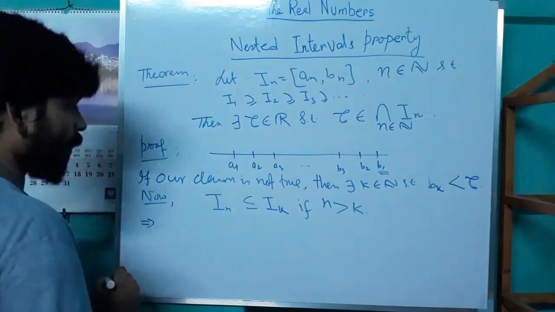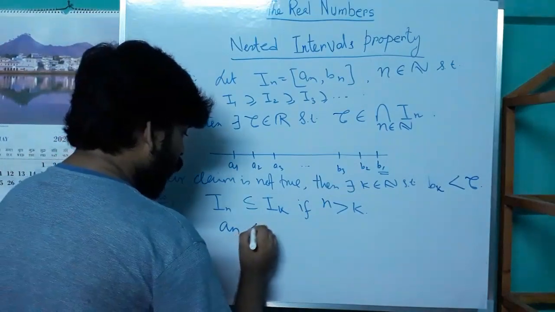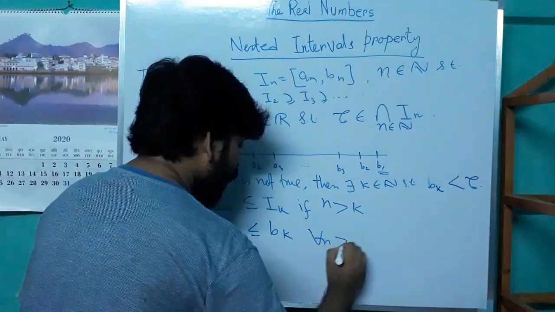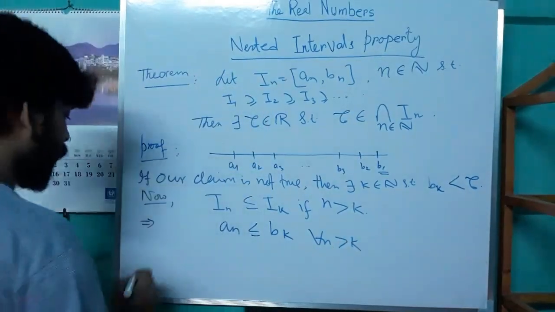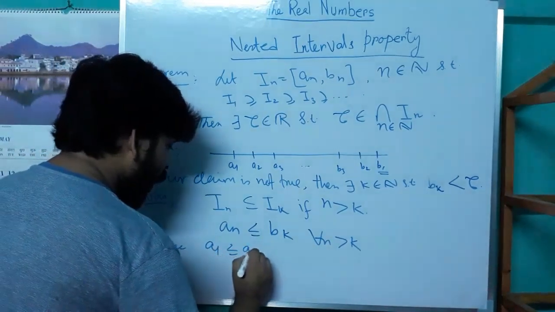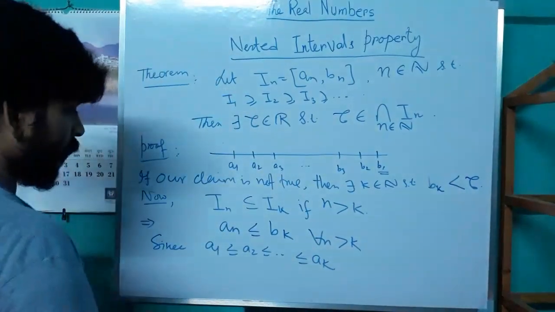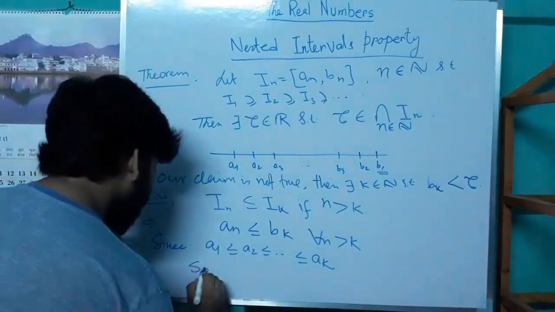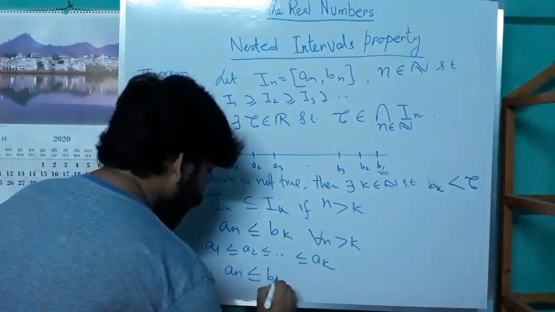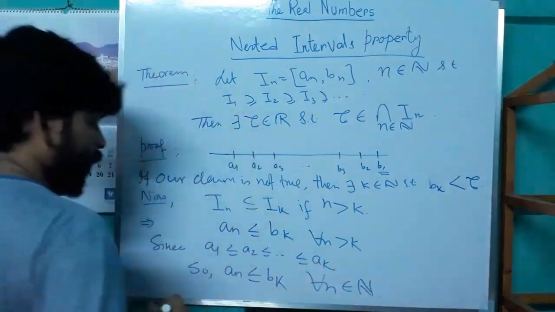So this implies An is less or equal to Bk for all n strictly greater than k, and since A1 is less or equal to A2 is less or equal to ... Ak, so An is less or equal to Bk for all n belongs to script N.